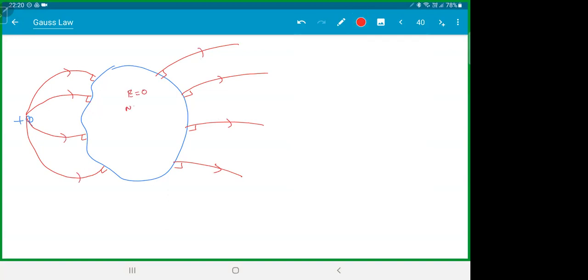Inside there are no field lines. This is your induced charge. Let's call it minus Q and plus Q. This is how the field line diagrams will look.